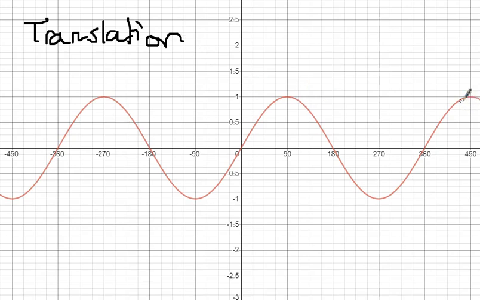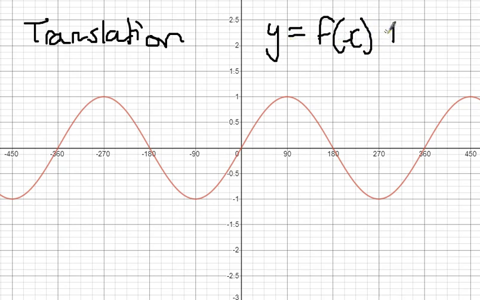Translation. And in translation, it is exactly as it is in geometry, where you just shift it up and down and left and right. And the way it works is this: if you have some function of x, so y equals some function of x, now in this case we've got y equals sine x.